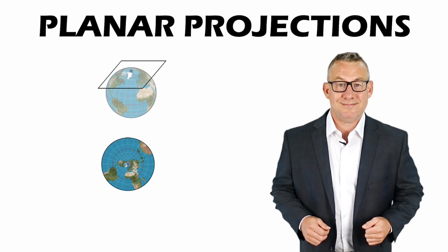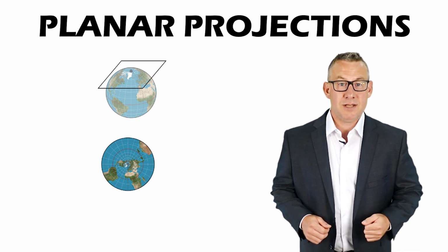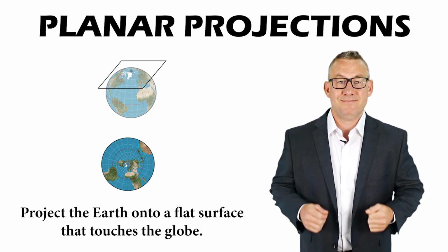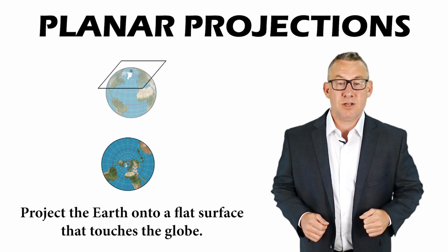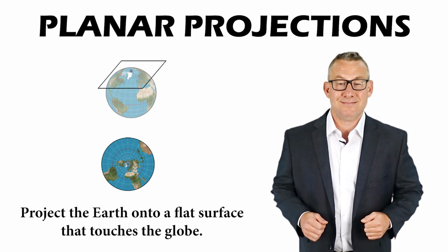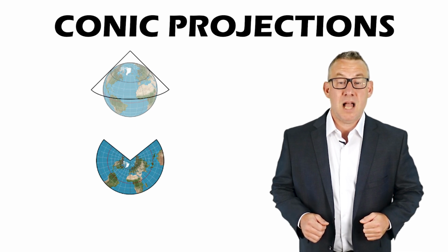Planar projections. Planar projections project the Earth onto a flat surface that touches the globe. Planar projections are also called azimuthal or zenithal projections. Conic projections.